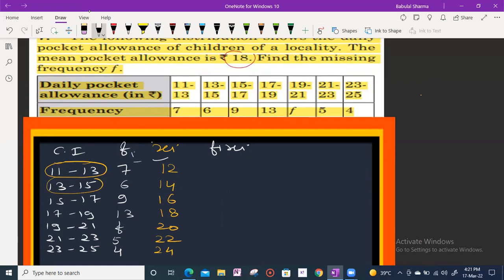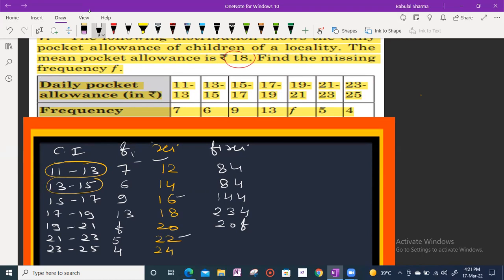So 12 into 7 is 84. Please do the next part, and 14 into 6 is also 84. And 16 into 9 is 144. And 18 into 13, you multiply, please, that is 234. And 20 into f is 20f only, because we don't have the value of f, so f is the variable here.